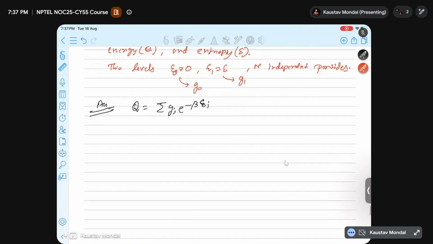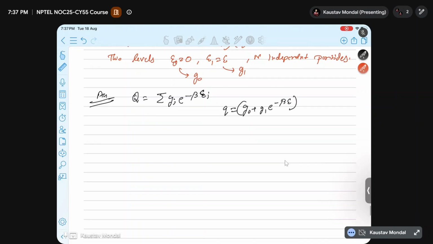And here the single particle partition function will be q equal to G0 plus G1 into e to the power minus beta E, right? Now from here, the internal energy, the total energy is E equal to minus del beta of ln Q.